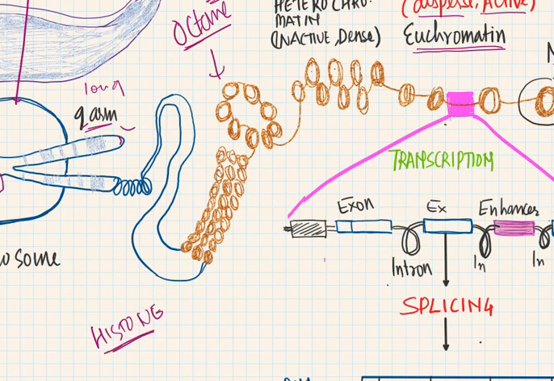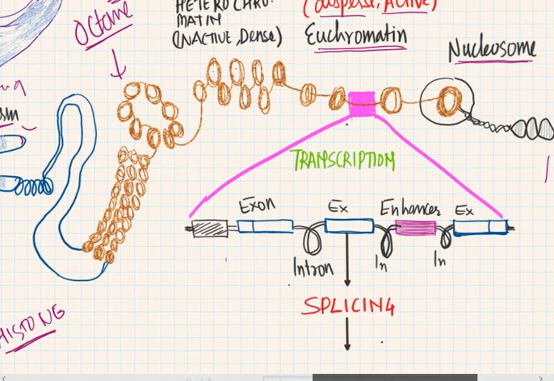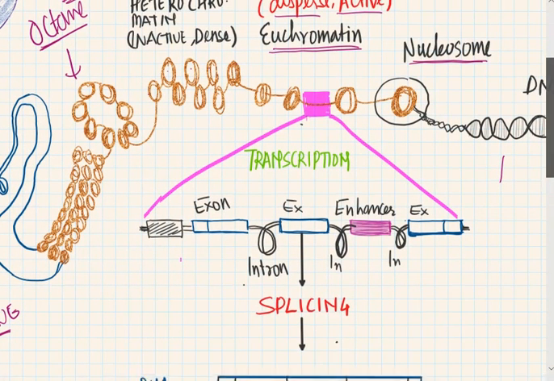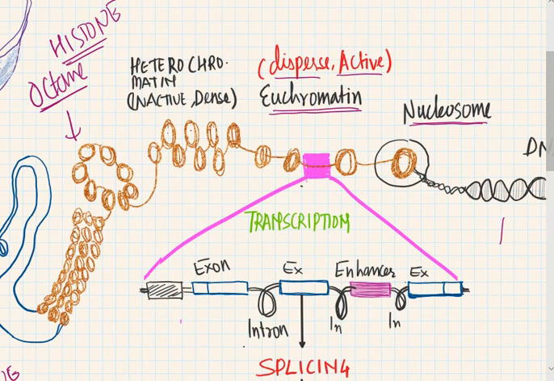This histone further gets released or spread loosely, and this is called euchromatin. But heterochromatin is the inactive stage of chromosomes, and it is dense.